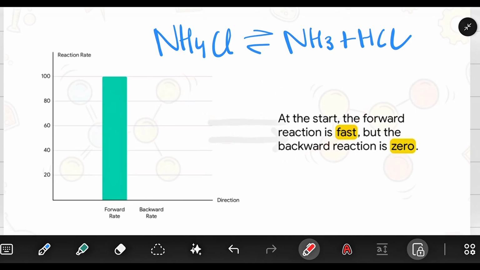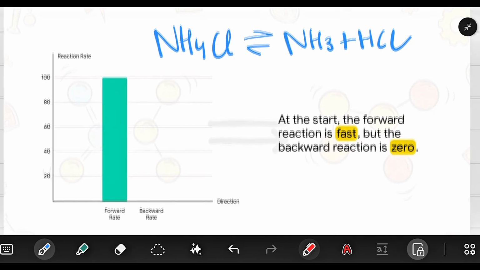So at the start, the forward reaction rate is fast because more ammonium chloride is present. The only thing which is present in the reaction mixture is the ammonium chloride. So the first reaction which is going to take place will be the forward reaction, and the backward reaction won't have started just yet because the products are still forming.